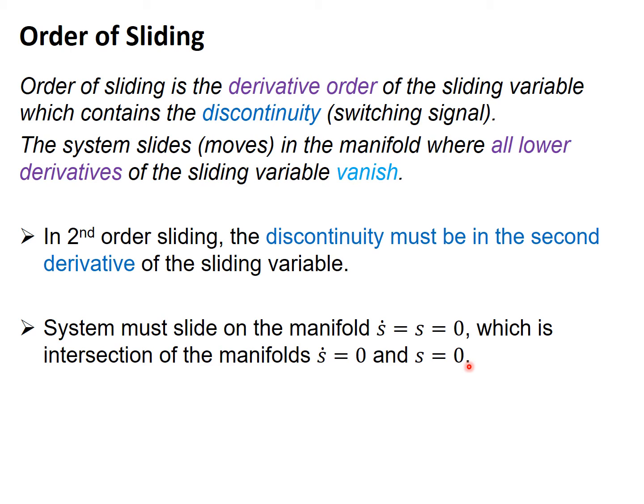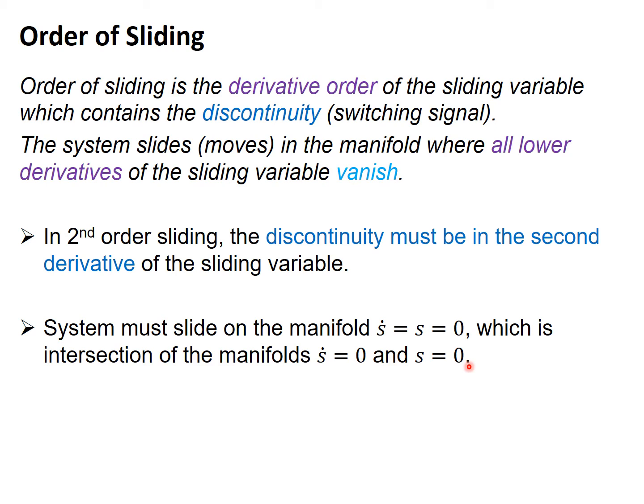So, you imagine the state space. Previously, in classical sliding mode control, in the state space there is a surface S equals 0 on which we come, and then we slide on S equals 0. Now, what happens? There is another manifold S dot equals 0, you can imagine.